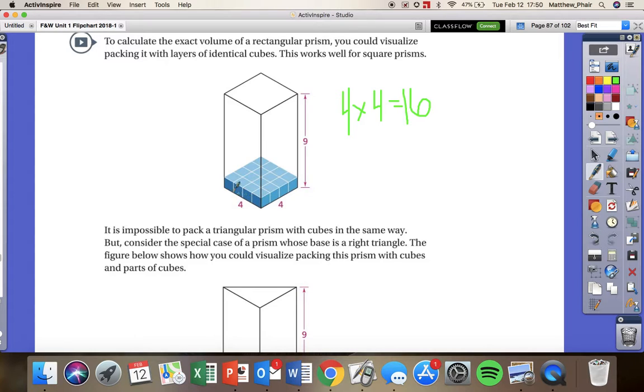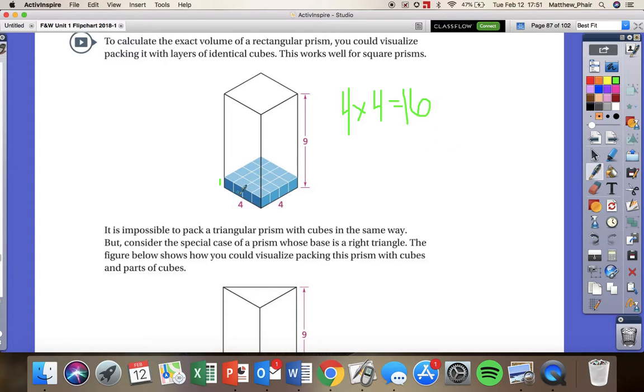And then I figure out how many of these 16s can I stack on top of each other. The key to this is that I know that each one of these cubes has a height of 1. And so if I have a height of 9 here, I say, how many 1s can I fit into 9? And so that'd be 9 layers.